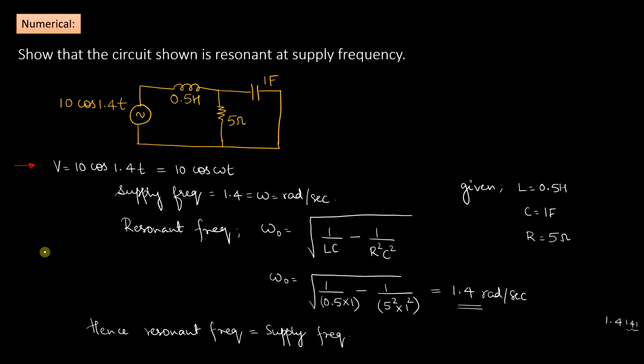Okay, now each time it's not possible, so that is why I'm saying whenever there is a possibility of source transformation, convert it into a current source or a voltage source and try to represent it as an ideal series resonant circuit or an ideal parallel resonant circuit, so that it's easier for you to solve the numerical.